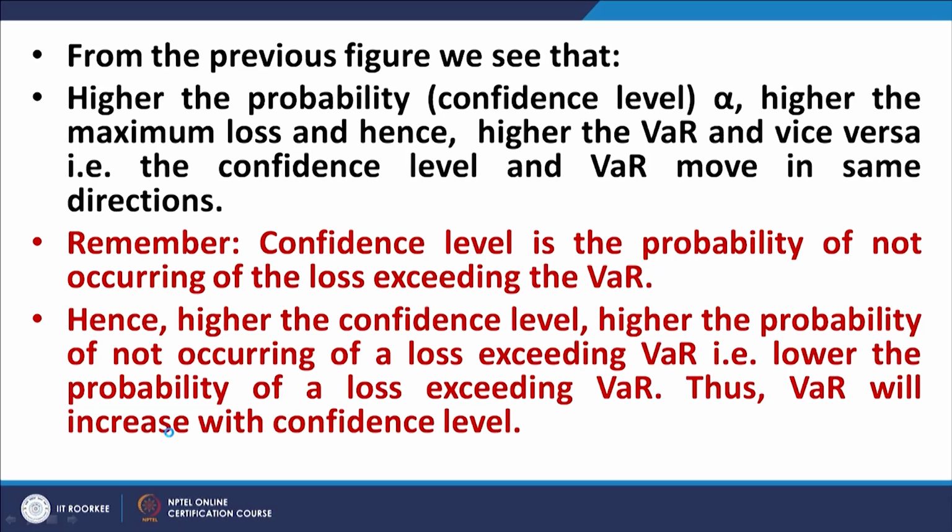The lower the confidence level, the lesser is the maximum loss that can occur; the higher the confidence level, the greater is the loss that can occur. So, the higher the confidence level, the higher the probability of a loss not exceeding value at risk, and the lower the probability of loss exceeding value at risk.